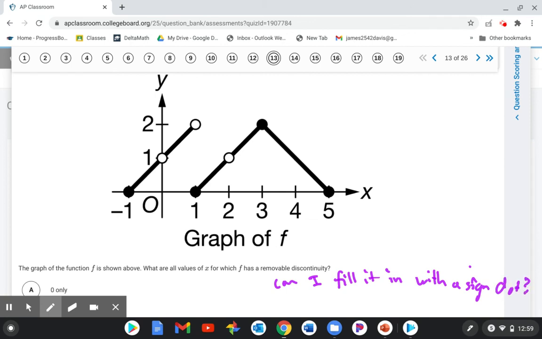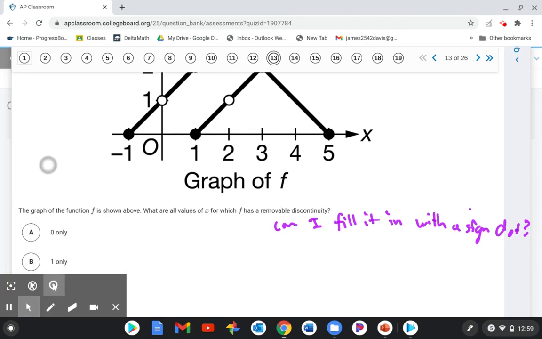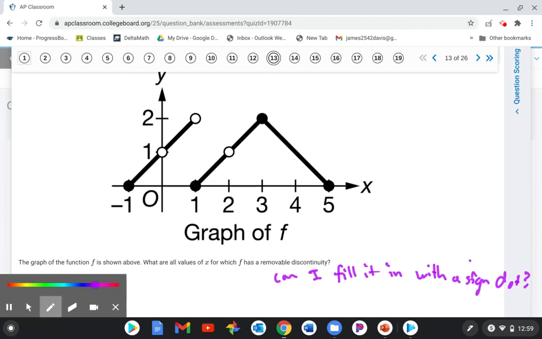Could I just fill in a little dot and then it would be continuous? So as I'm moving along here, oh, I got a hole, but I could just fill it in with the dot and then I can just keep going, right? So that one actually is right there at x equals 0. So that's a removable. The first one.